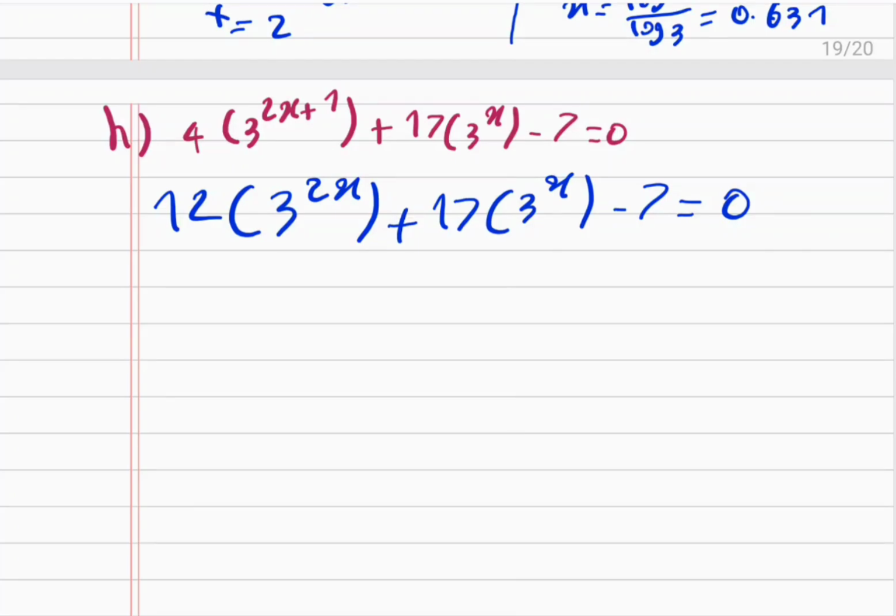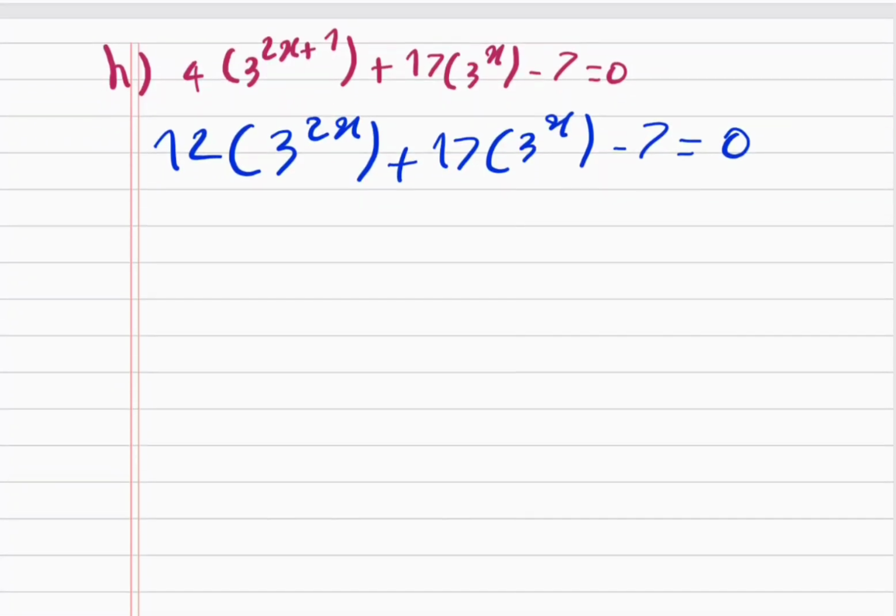That was the less obvious part of this question. Now we can introduce the new variable t, which is equal to 3 to the power of x. That means the first term becomes t squared, because 3 to the power of 2x is like squaring both sides of this equation.